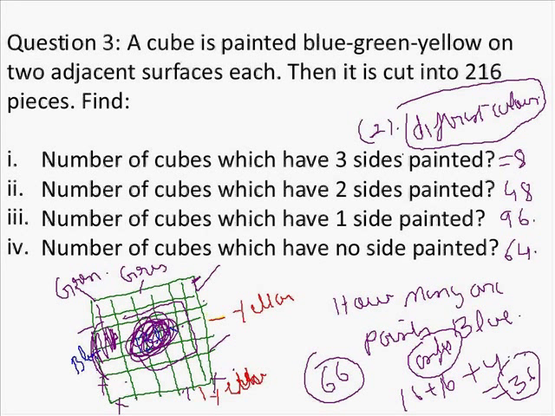Okay? I hope by this concept now you have understood what I was trying to teach. Now everyone has understood what I'm trying to teach in cubes. In the same way, by going to each slice, you can find how many are painted red and blue.